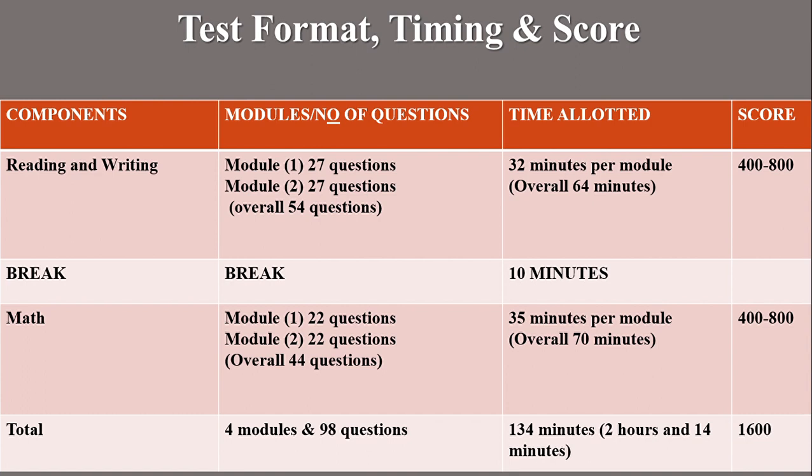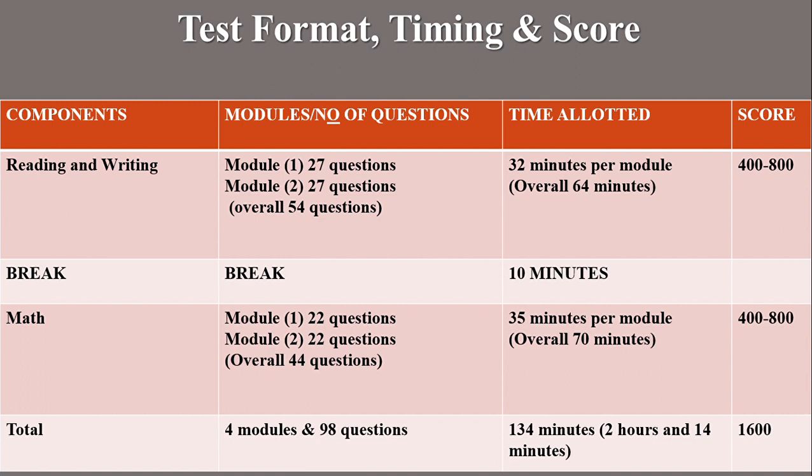And then for the grading, the SAT score undergoes a different conversion method. You have your raw scores, that is the total number of points you get, the number of questions you answer correctly. All of that will undergo various conversion and evaluation to give you your final score.